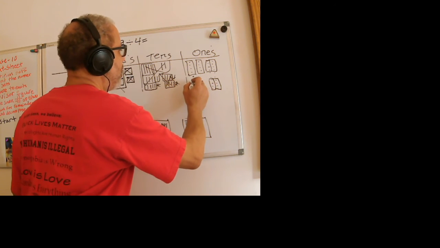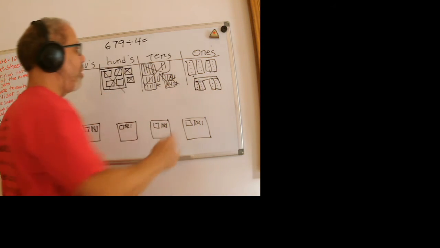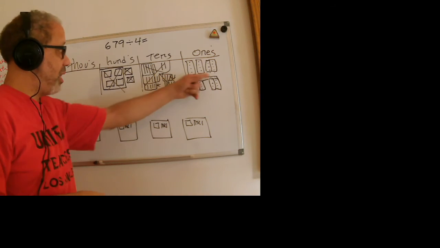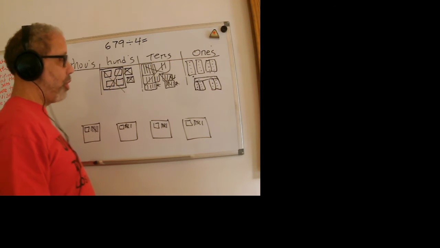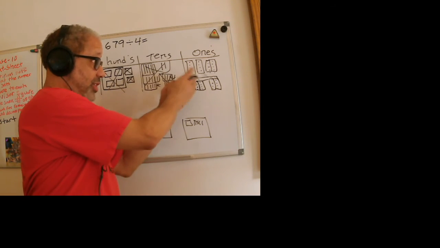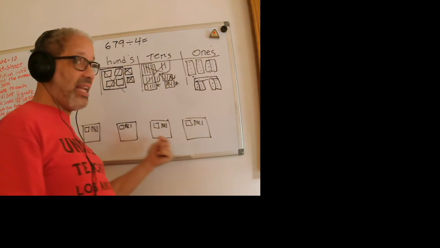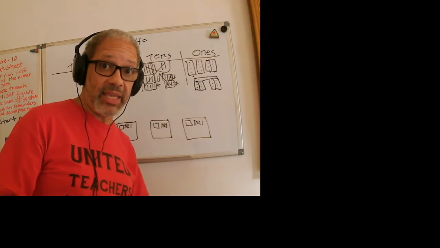Oh, and here is another 4, right? With 3 left over. So you need to now count your sets, however many sets there are. That's how many teenies each group gets. Go.